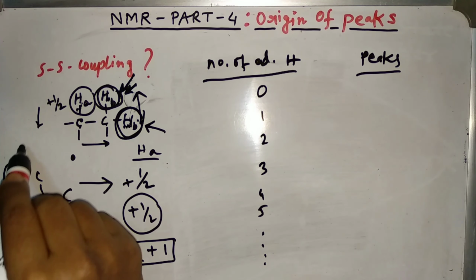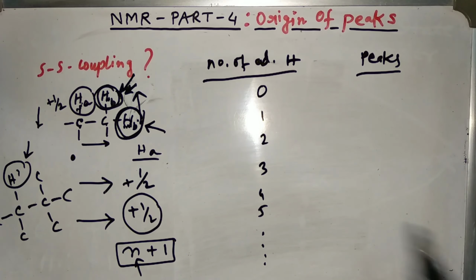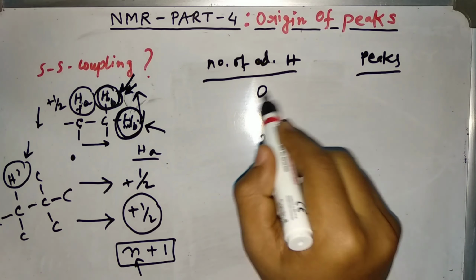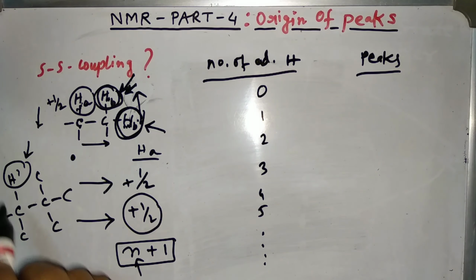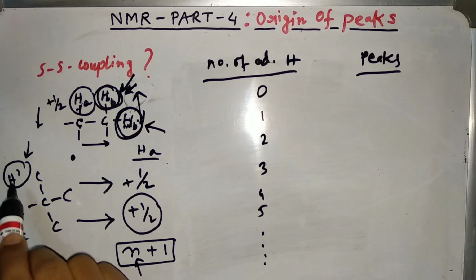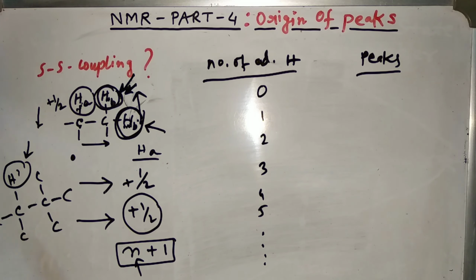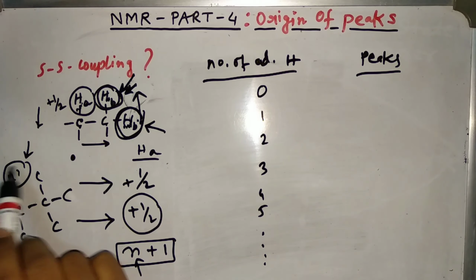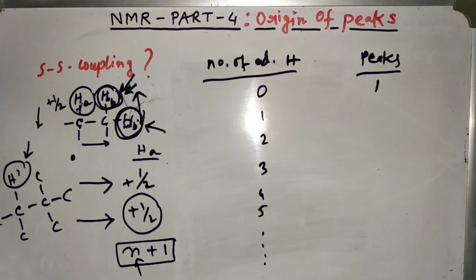That is why the number of adjacent protons will be 0. For this case, only this hydrogen will couple with itself, you may say, or it will not couple. So the peak you will get is only 1, because of itself, and it satisfies the formula n+1.